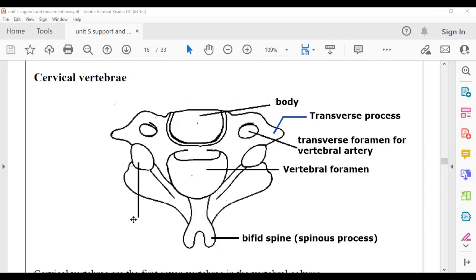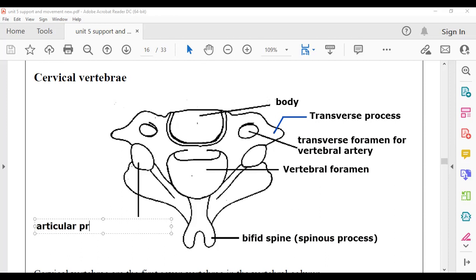And what is this? Articular process with facet for articulation of adjacent vertebrae. So actually, it is written that way.